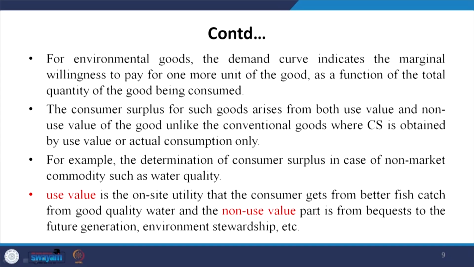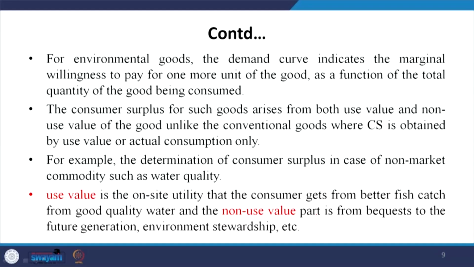So, there would be more generation of aquatic life like fish or other aquatic animals, and due to this, if someone is going to catch fish from that particular water body, then production will increase.